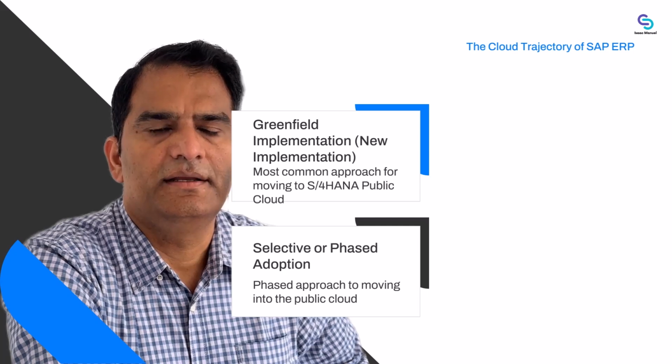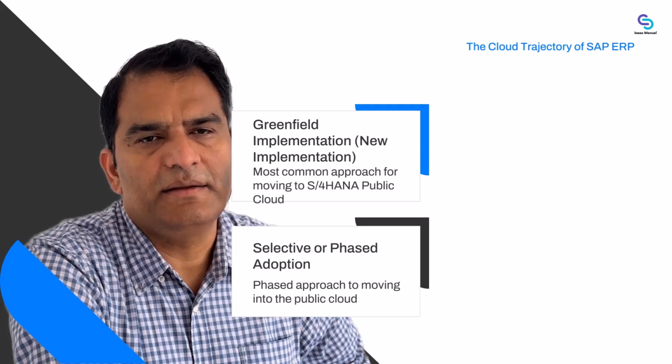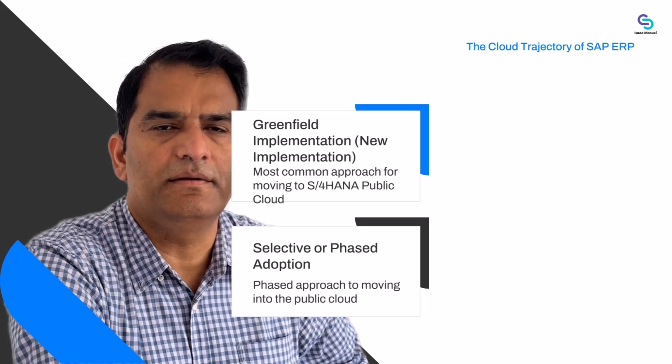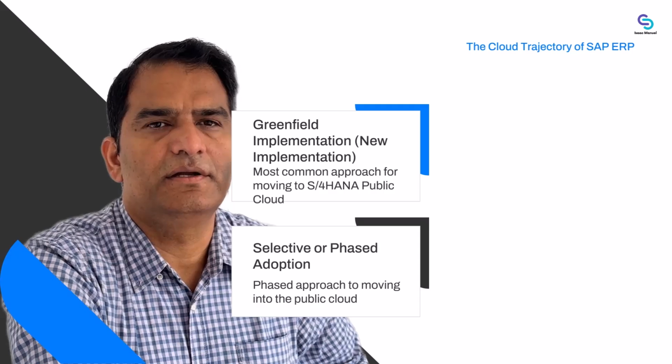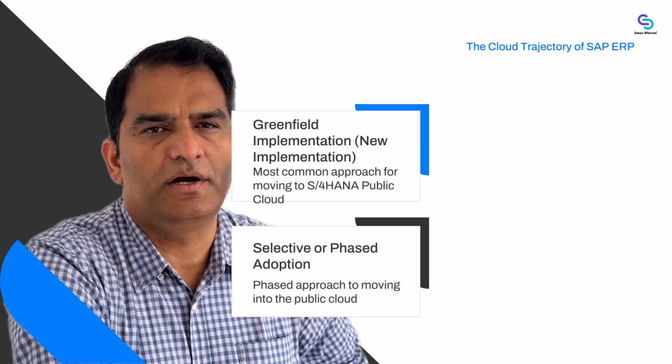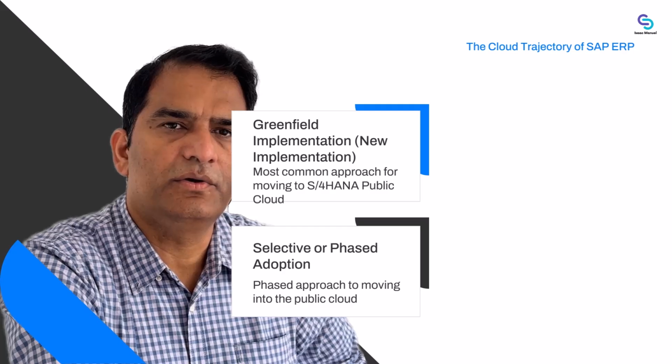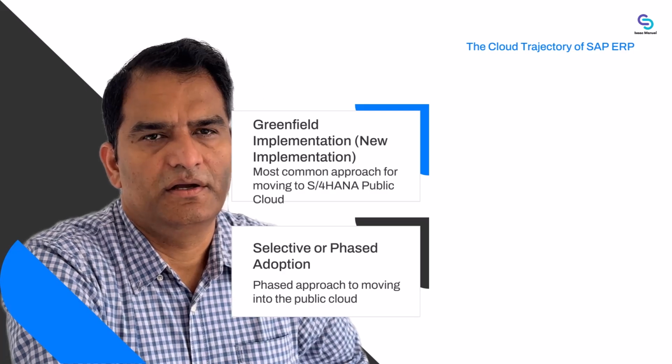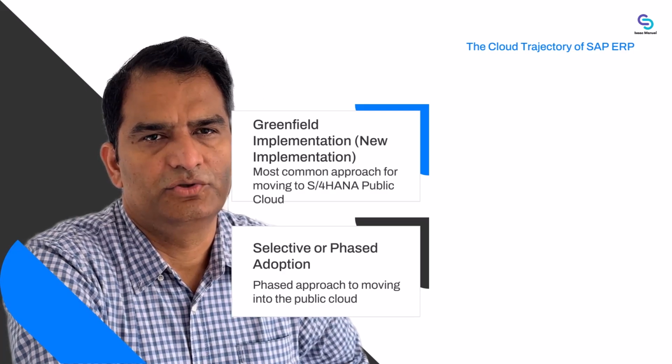One strategy is the two-tier ERP model, keeping the corporate HQ on ECC or S/4HANA private, tier 1, but rolling out S/4HANA public cloud to smaller subsidiaries or new branches, tier 2.